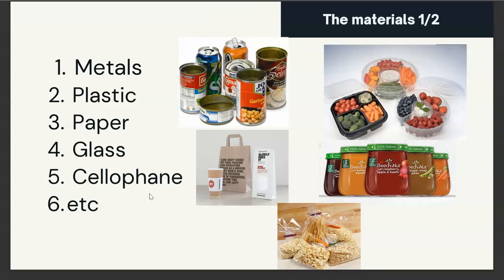So the trend in the industry now is towards developing materials and technologies that offer the best of both worlds: efficiency and safety for the consumer, as well as sustainability for the environment.